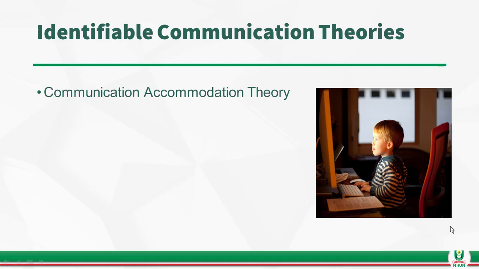And when they are doing this, we know them by their style. So the theory believes that people are trying to accommodate themselves and put themselves in a position where they can communicate very well. The second one is coordinated management of meaning.